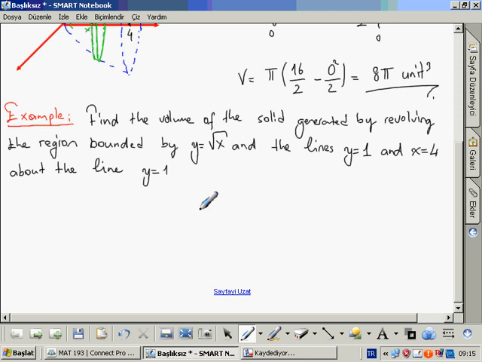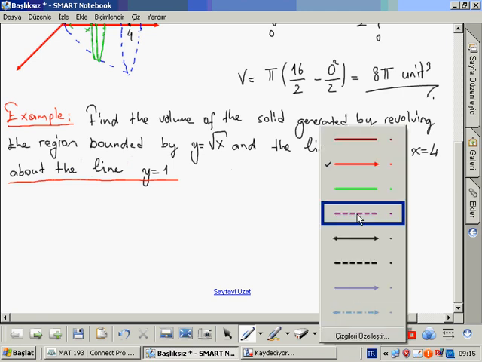Okay, and this is important information. Please underline this part, and let me sketch it again.